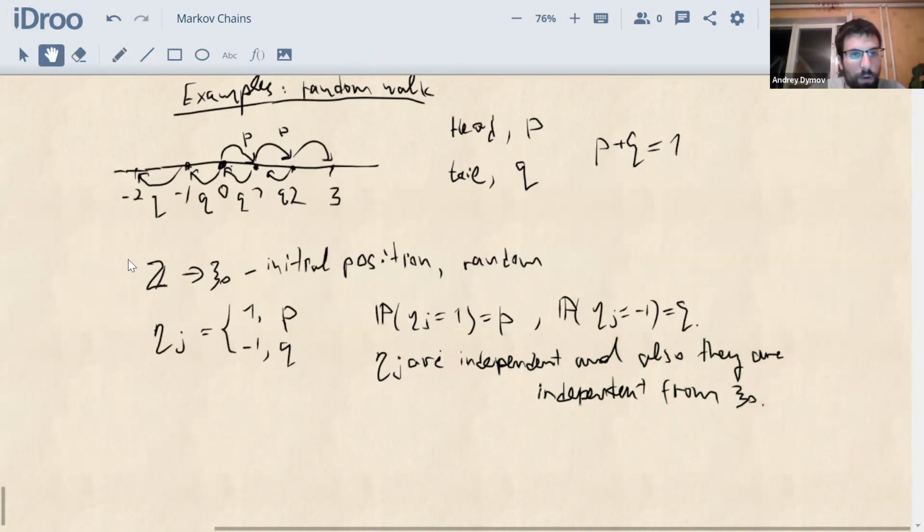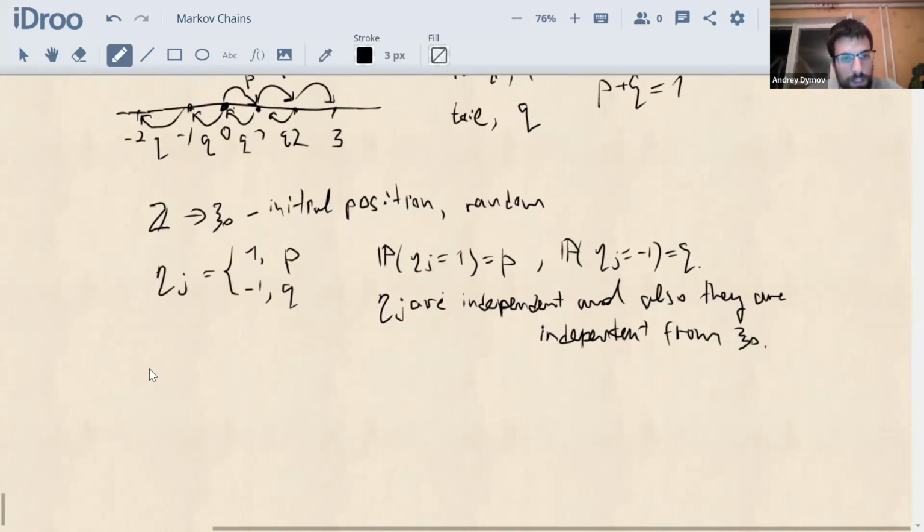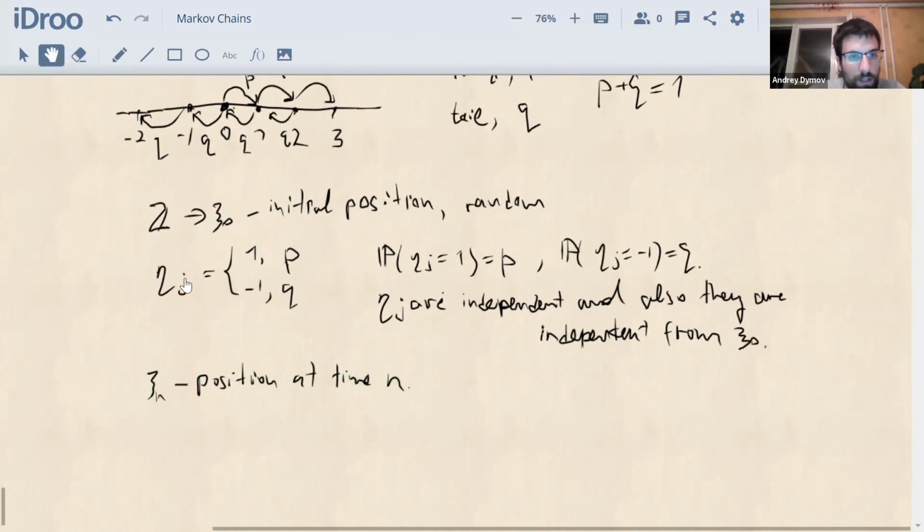Then how should I construct the process xi(n)? Xi(n), this is the position at time n. So who can say how should I construct this xi(n)?